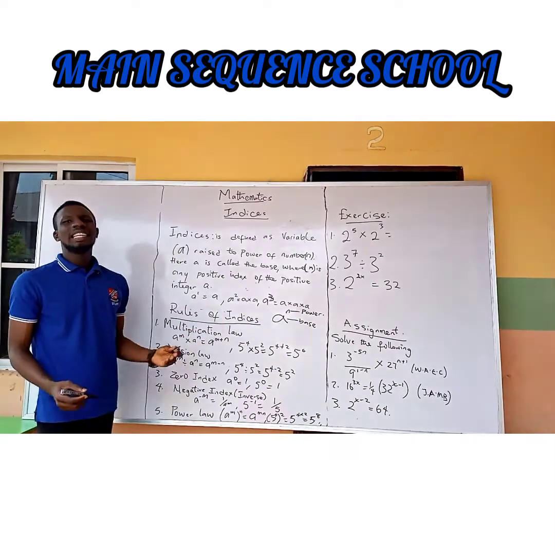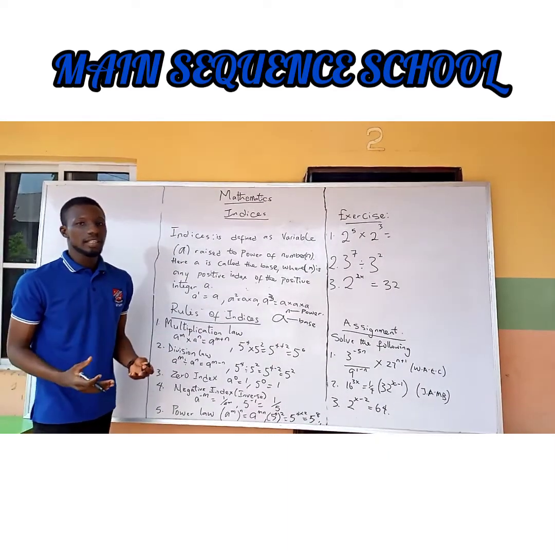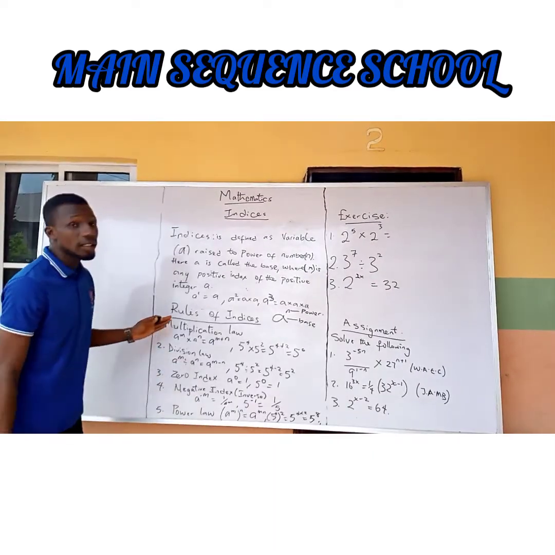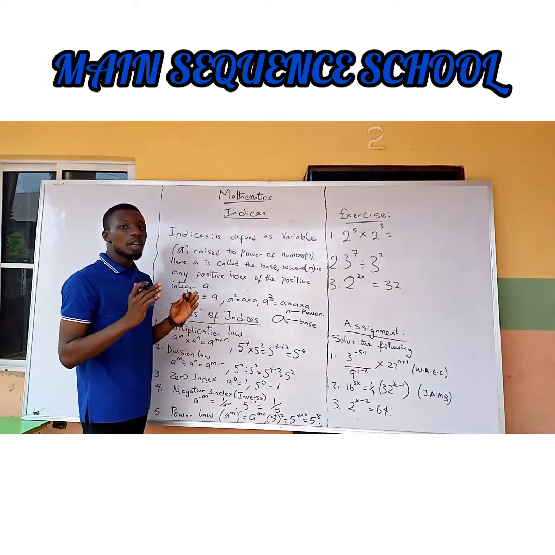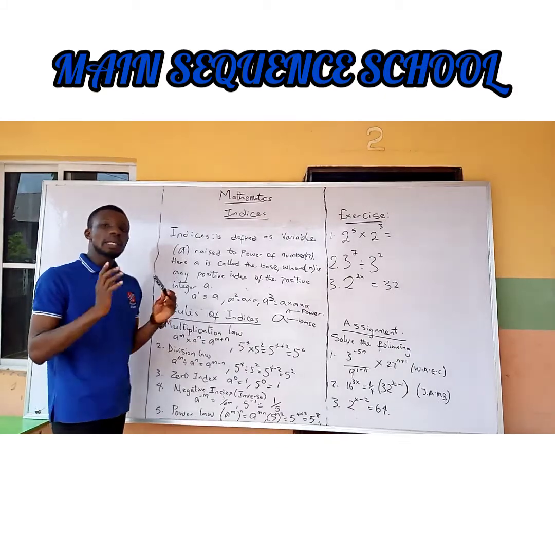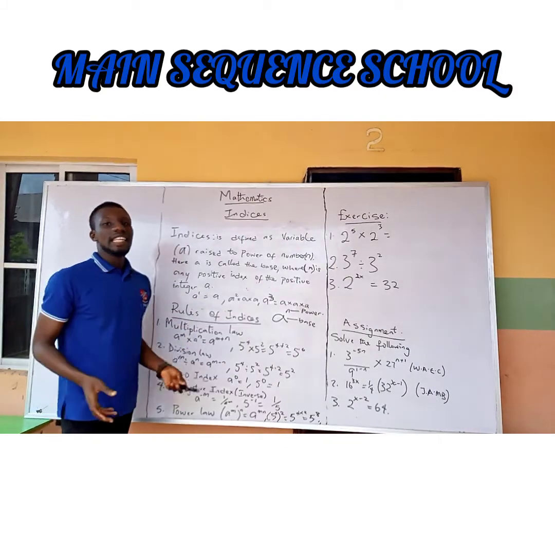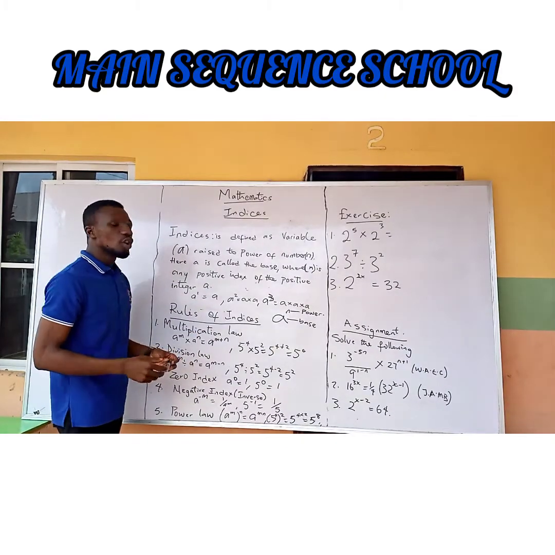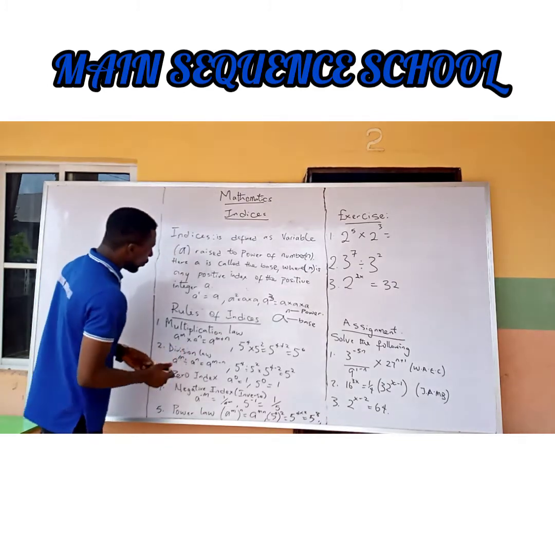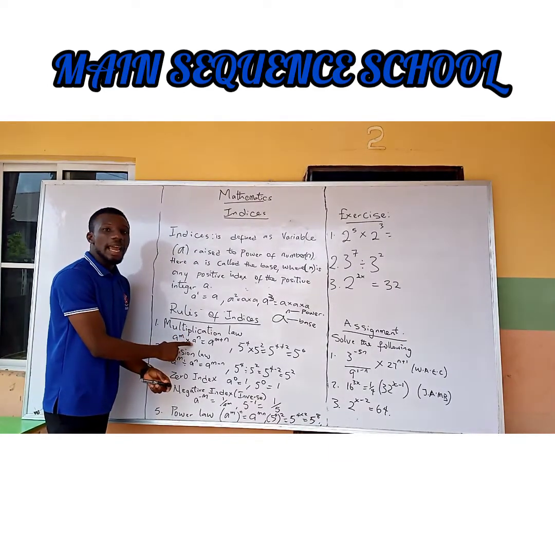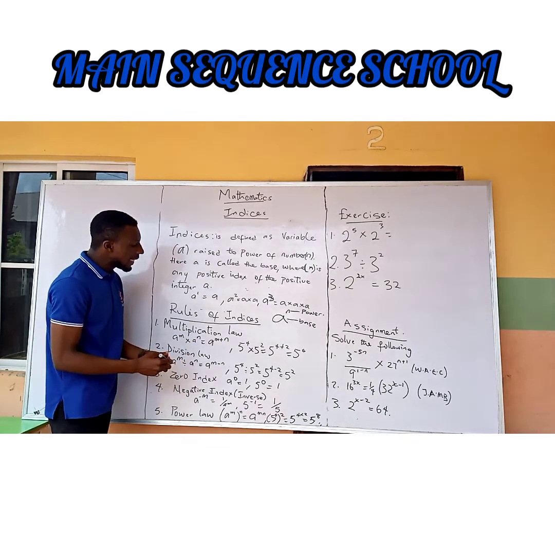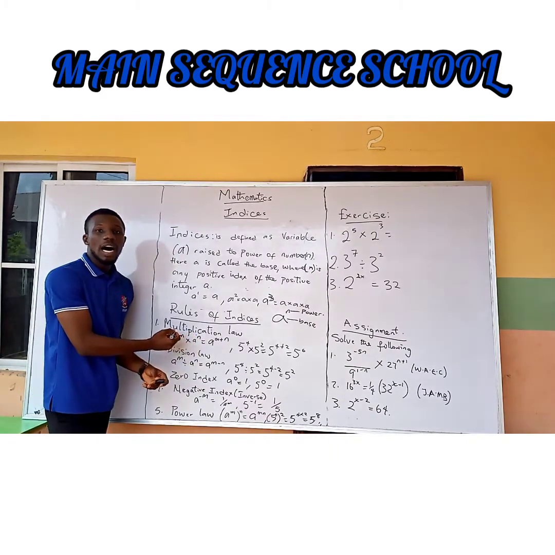Now, let's look at the rules of indices. Number 1, the first one, we have the multiplication law. Now, when you are multiplying in indices, you add. Example, when you have a power of m times a power of n, meaning you are going to add the power to one another.